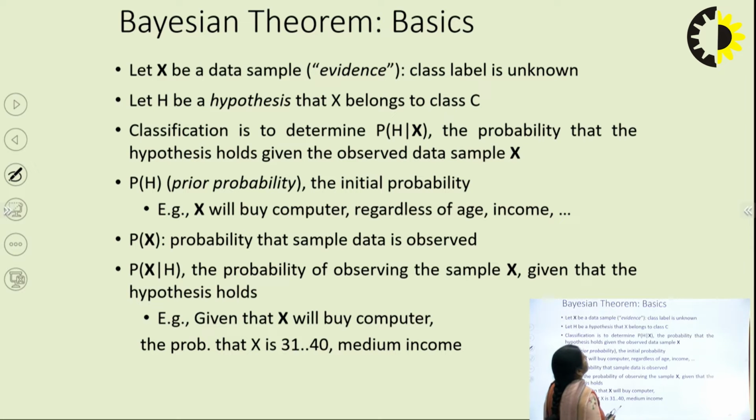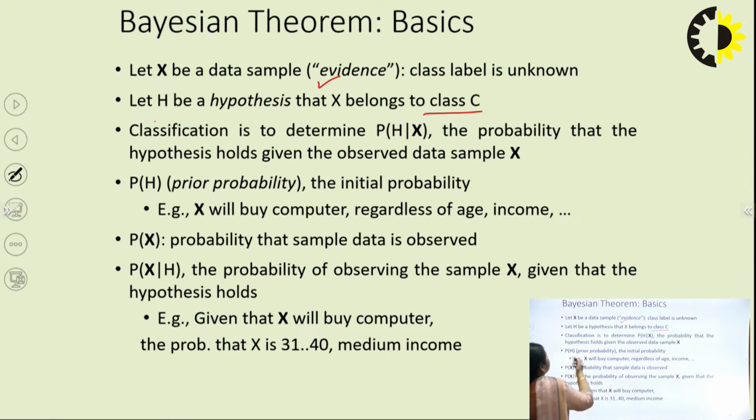Let X be a data sample. The data sample that we have is called evidence. We do not know the class label, so the class label is unknown. Let H be the hypothesis that X belongs to class C, because we do not know the label and it is a statistical classifier.